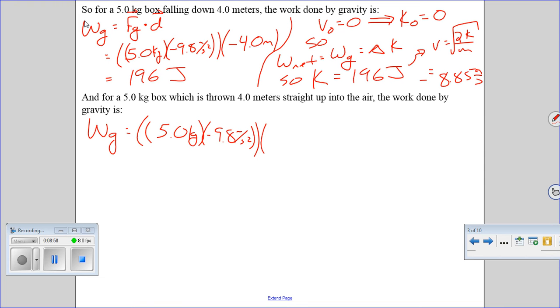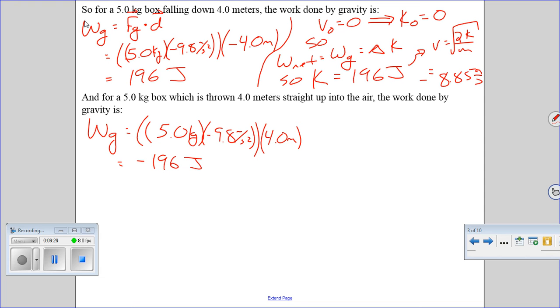Oh, okay. So to be clear, when we talk about it being thrown 4 meters straight up in the air, we're talking about the work done by gravity between the instant that it's thrown and it getting to the top of the path. So the displacement's going to be positive 4 meters, right? So now the work done by gravity is negative 196 joules, right?